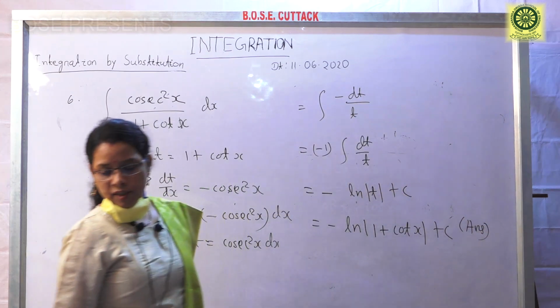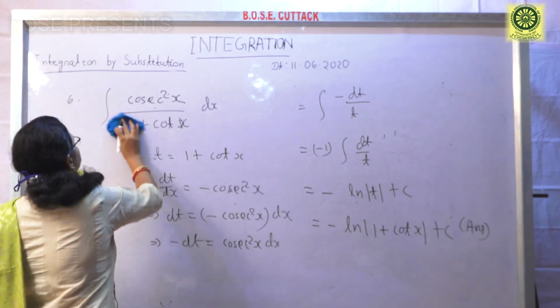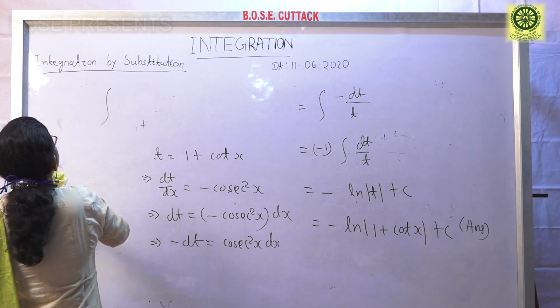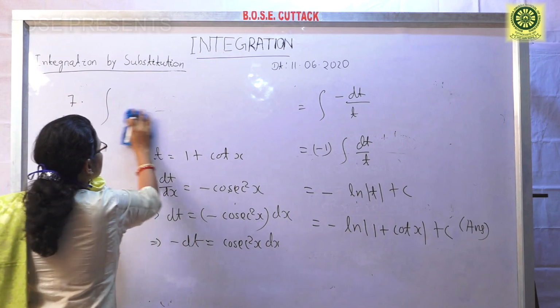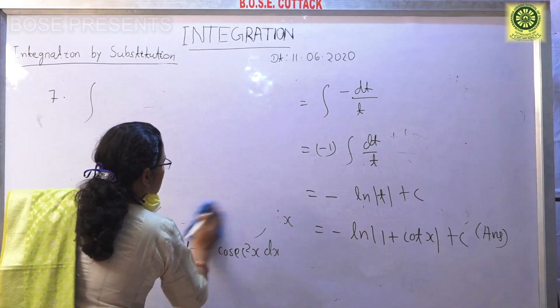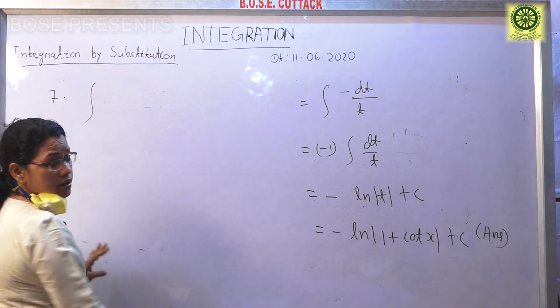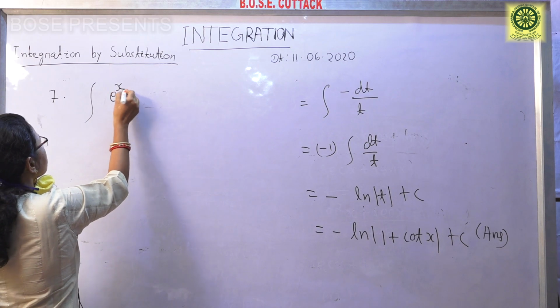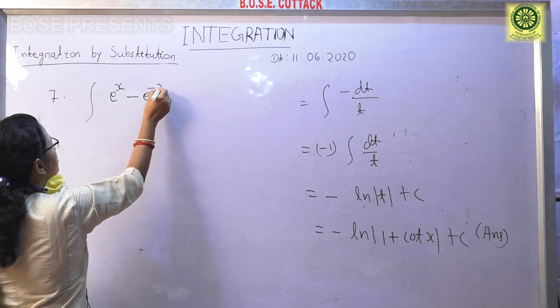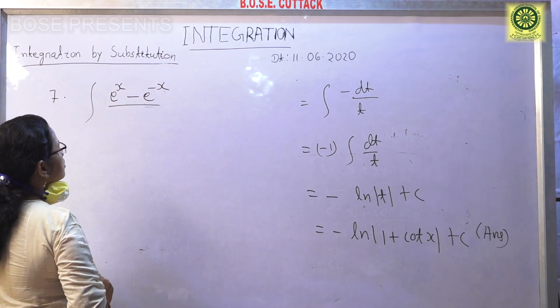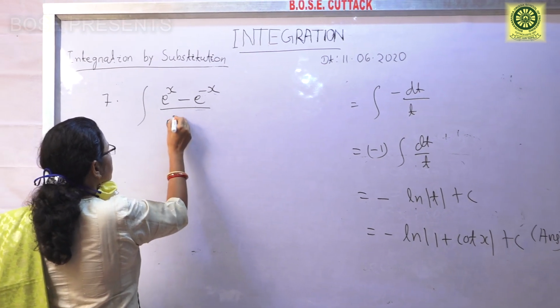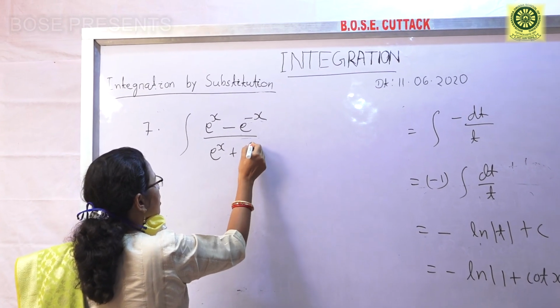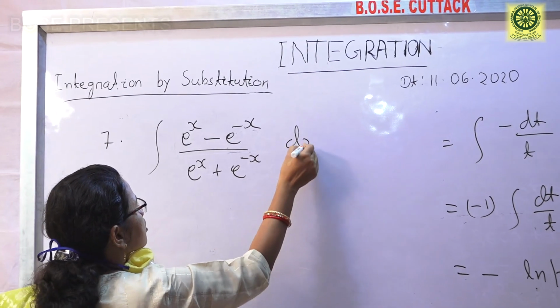Okay. Now come to the next one. Our next problem is to integrate e to the power x minus e to the power minus x by e to the power x plus e to the power minus x with respect to x.